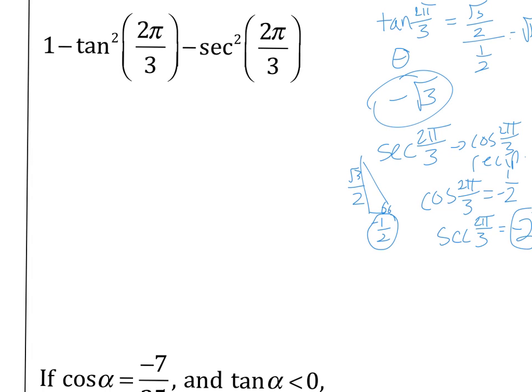All right, let's go into this part now. So 1 minus, and tangent is going to be negative square root of 3. All right, and then we're doing minus secant is going to be negative 2.